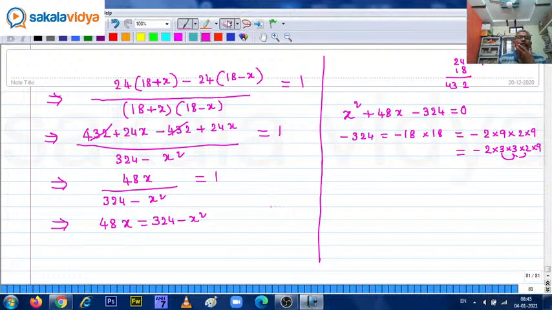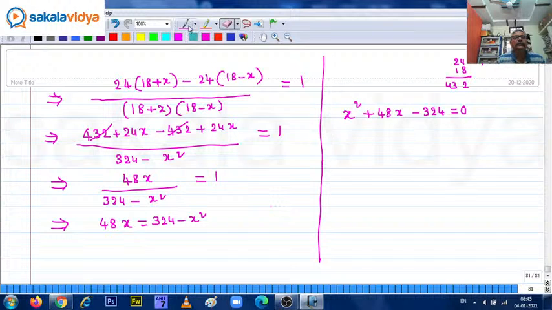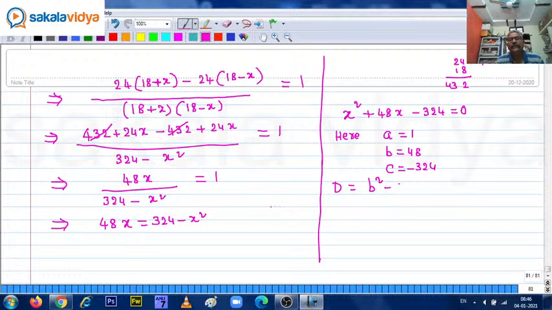Okay, let us go for formula method also, no problem. Here a equals to 1, b equals to plus 48, c equals to minus 324. First find discriminant d. b square minus 4ac, that is 48 square minus 4 times 1 times c, which is minus 324.